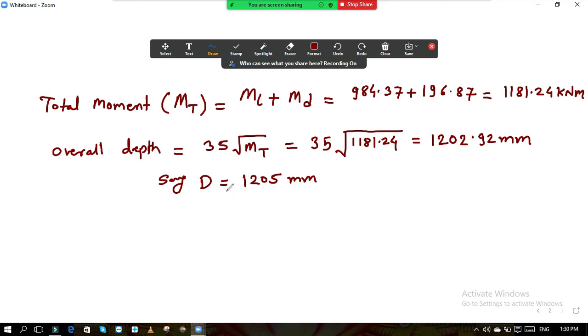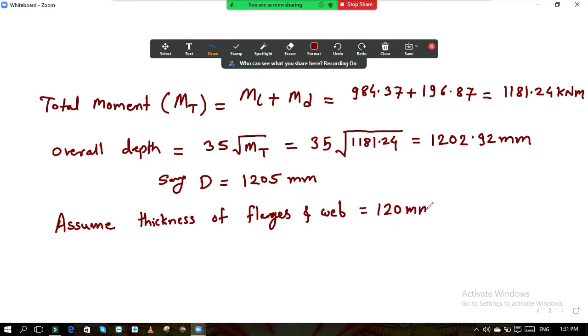Now let us assume the thickness of flanges and web. Normally the thickness of flange and web is assumed in between 120 mm to 150 mm. So here we will assume the thickness of flange and web is equal to 120 mm.